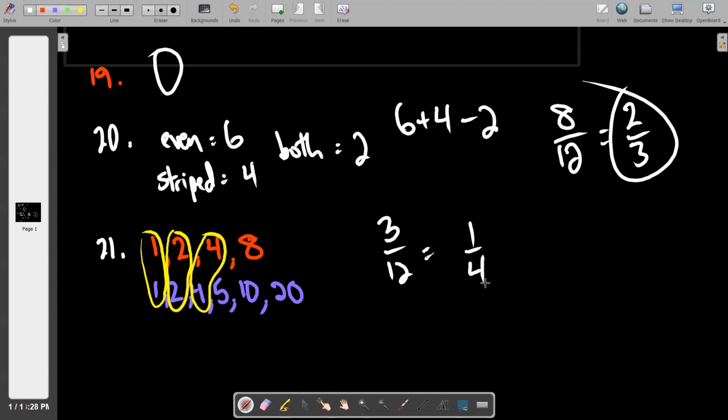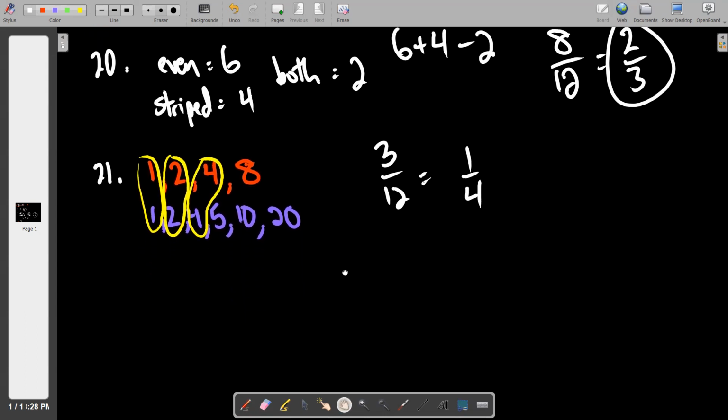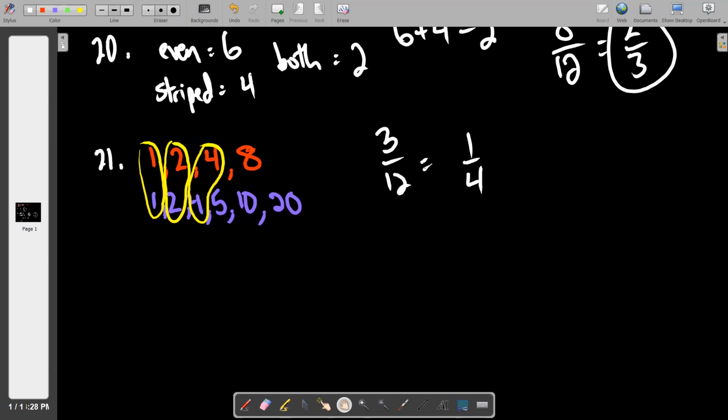1/4. Last card question is 22, and that's the probability of choosing a card that is a multiple of 3 or white. As far as the multiples of 3, those should be 3, 6, 9, and 12. And how many multiples of 3 are there?